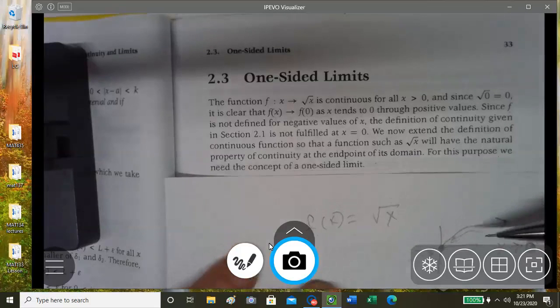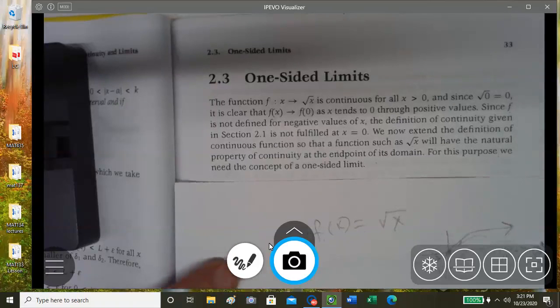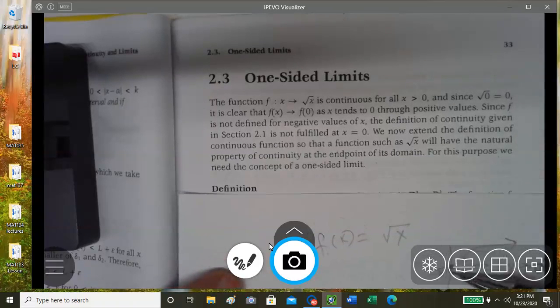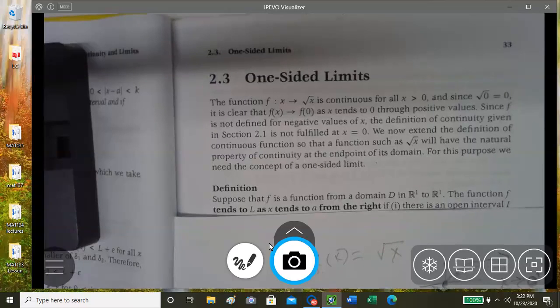For this purpose, we will need the concept of a one-sided limit. So we will be looking a lot at the endpoints of our limits. Okay, we have a definition here.